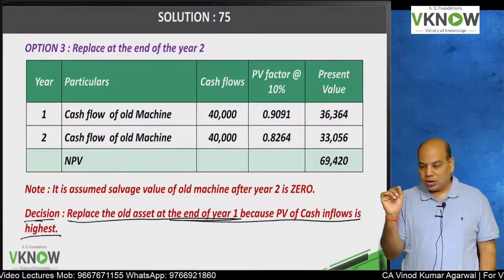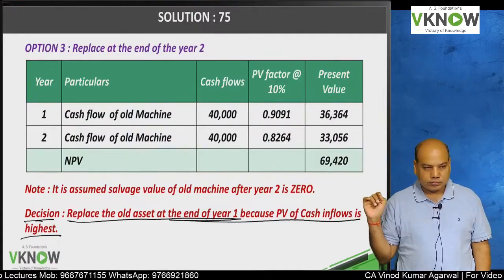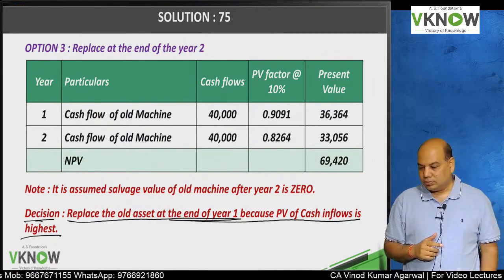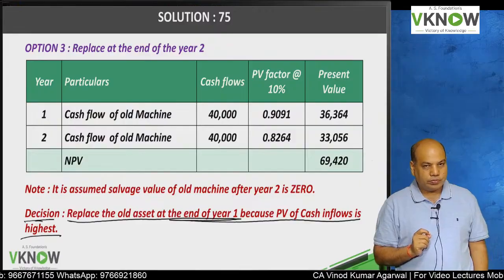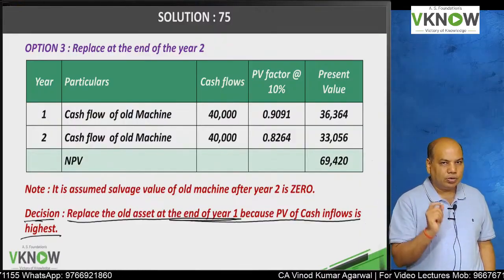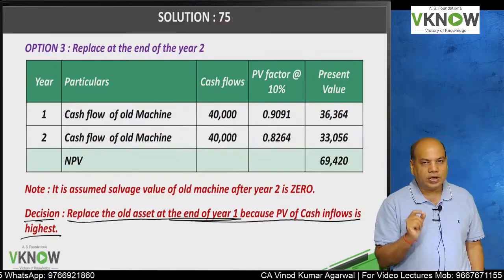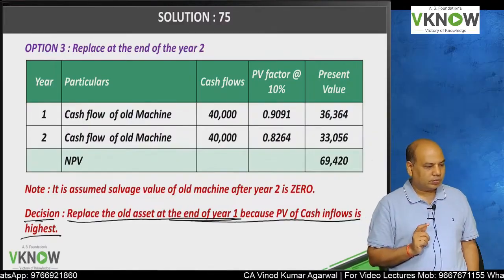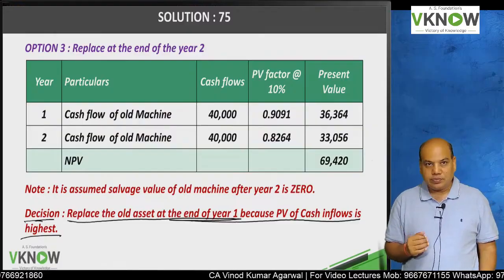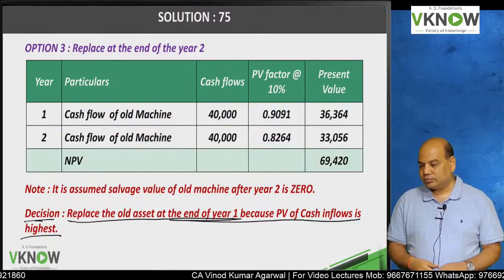Note, it is assumed that the salvage value of the old machine after year 2 is 0. Not given, so we have to assume something. Is it right?